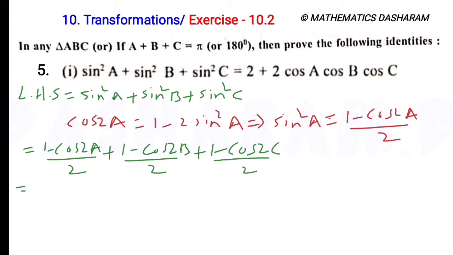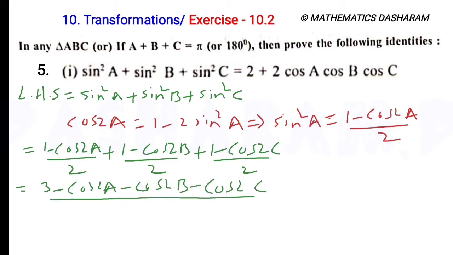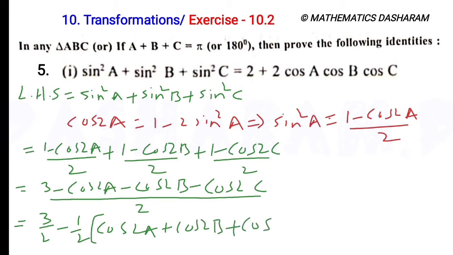So it is equal to 3 minus cos 2A plus cos 2B, sorry, not plus, minus cos 2B minus cos 2C, divided by 2. So it is equal to 3 by 2 minus 1 by 2 bracket of cos 2A plus cos 2B plus cos 2C.